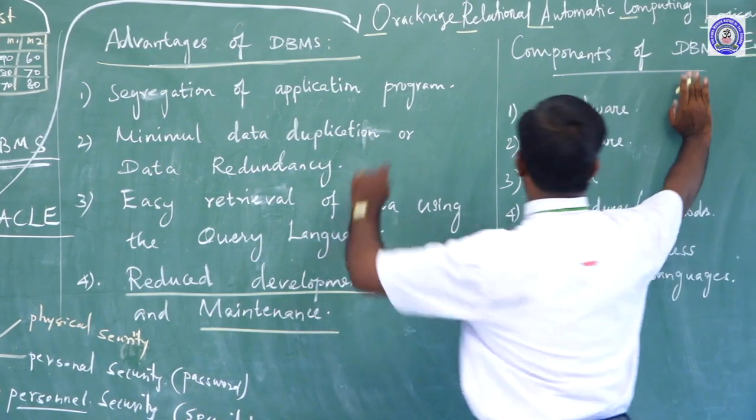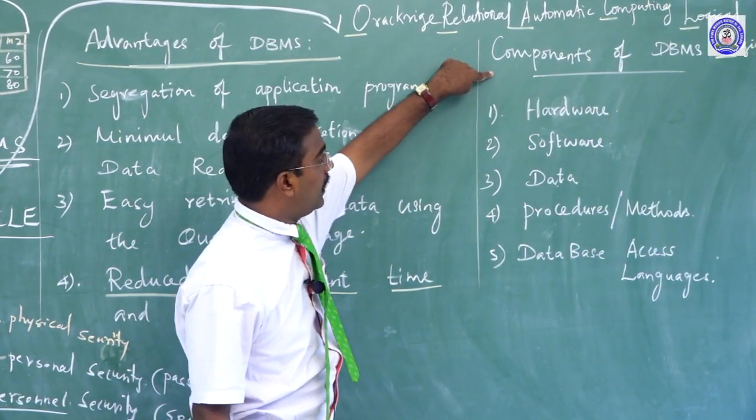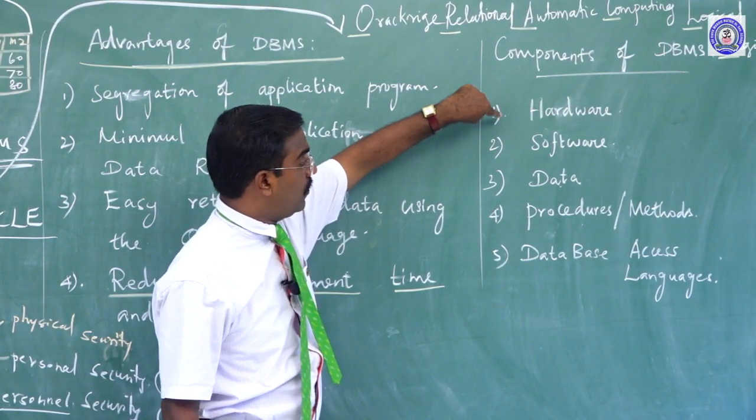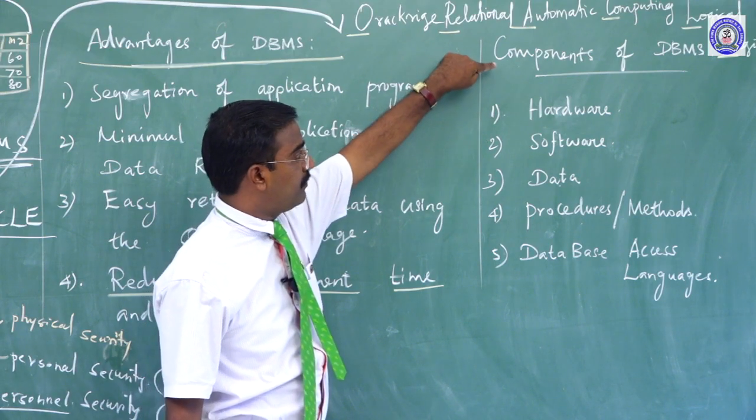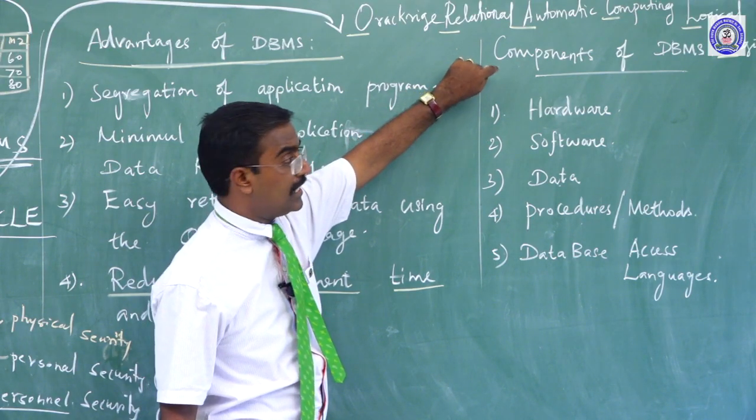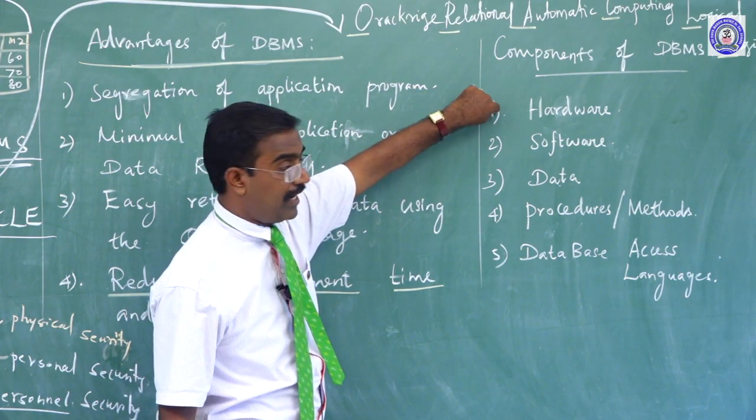In these components of DBMS, first we know hardware and then software. Hardware: if we need components, we maintain data in a computer; that is called hardware.